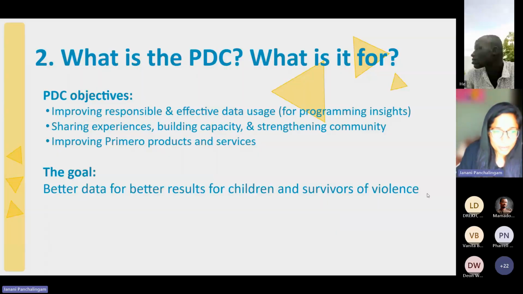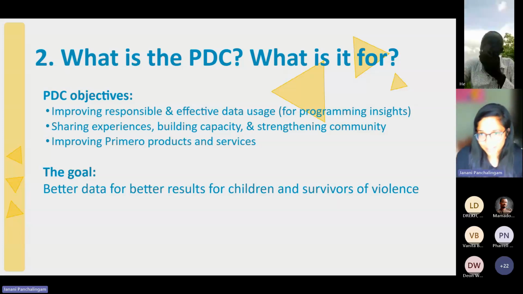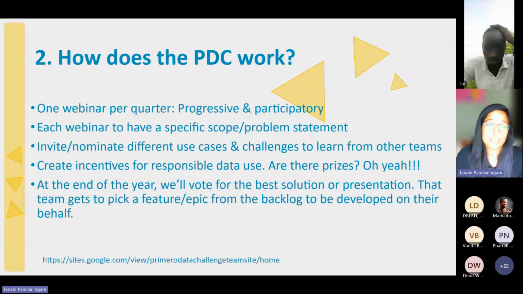So coming back to the goals, really the idea of being together here on this call is we really want to have better data for better results for children and survivors of violence. And that's our way forward. This is going to be our sixth Primero Data Challenge, and we want to have this every quarter, and we continue to have this every quarter.